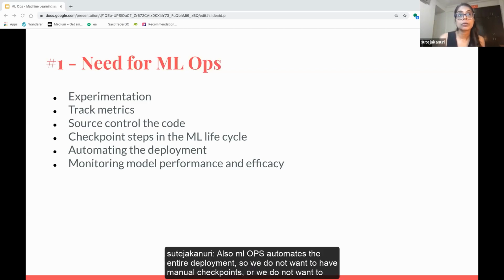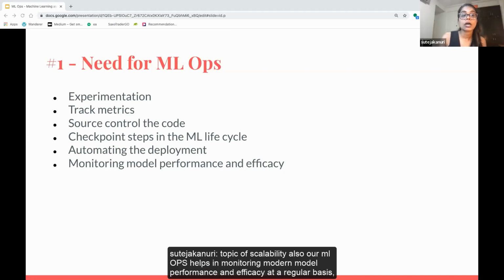Also, MLOps automates the entire deployment. We do not want manual checkpoints, or to spend a lot of manual effort on deployment, because that goes against the topic of scalability. Also, MLOps helps in monitoring model performance and efficacy on a regular basis.